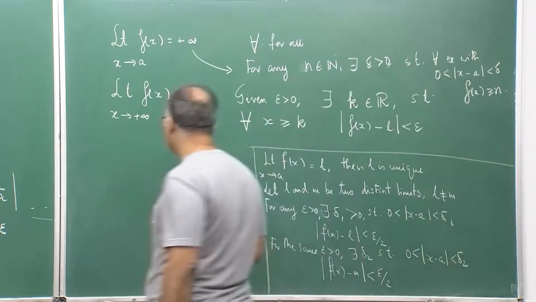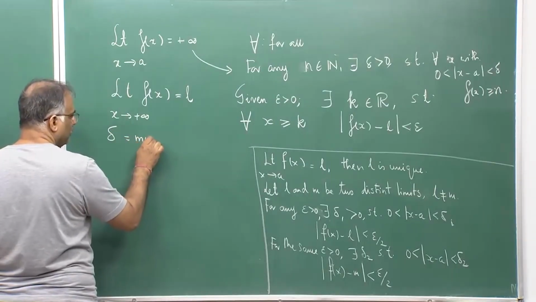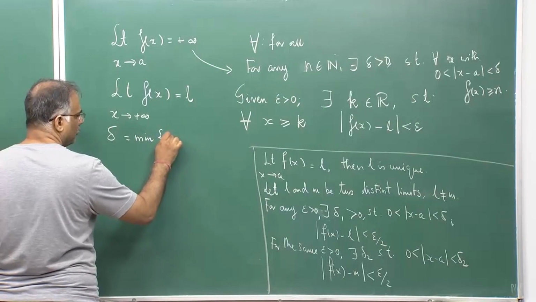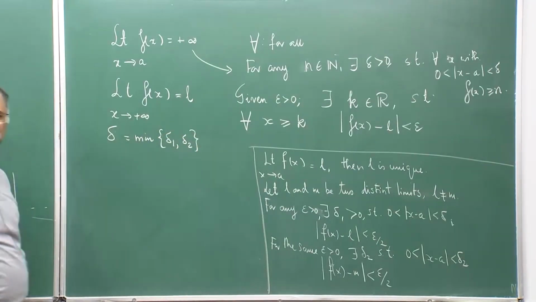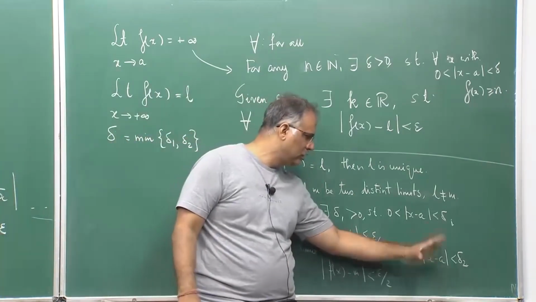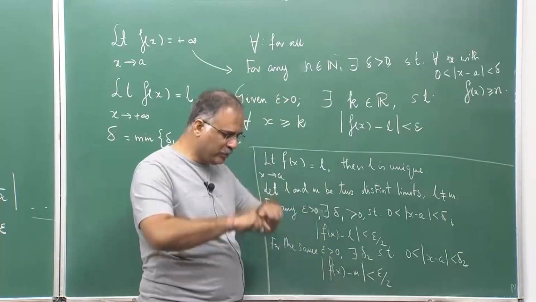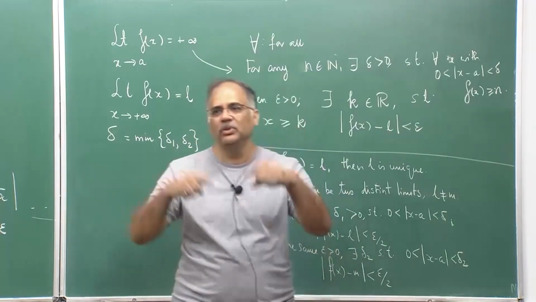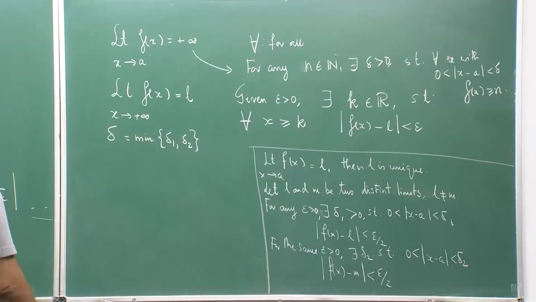So, you can choose a delta which is the minimum of delta 1 and delta 2, meaning it is less than both delta 1 and delta 2. Then for that delta this will work, because then the x that you choose is both within the delta 2 neighborhood and within the delta 1 neighborhood, right. So, both definitions would work.